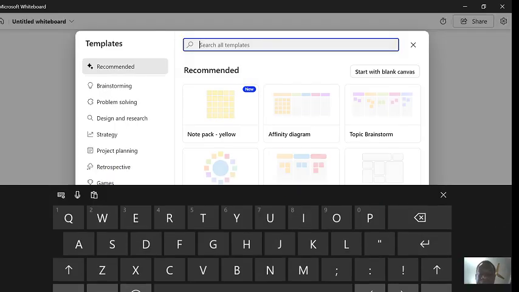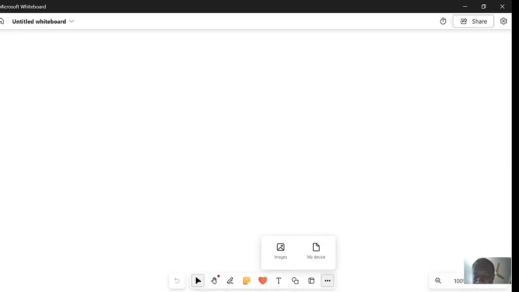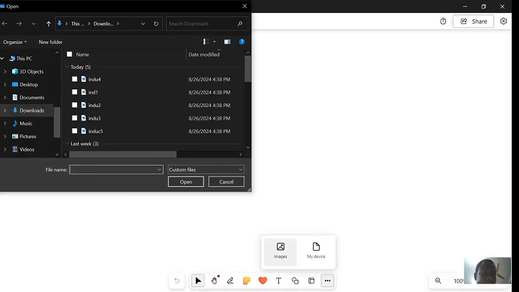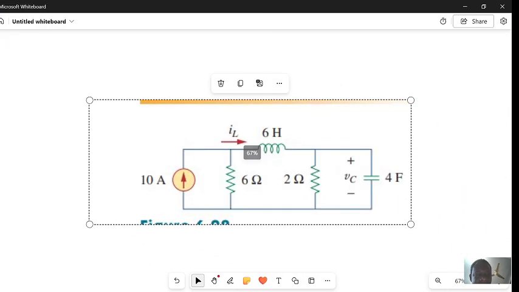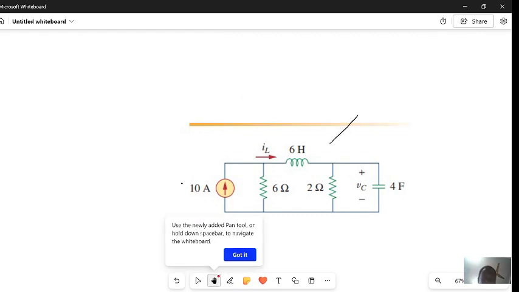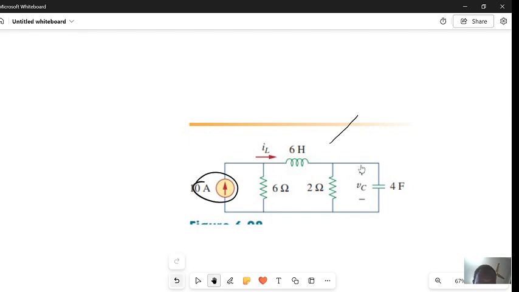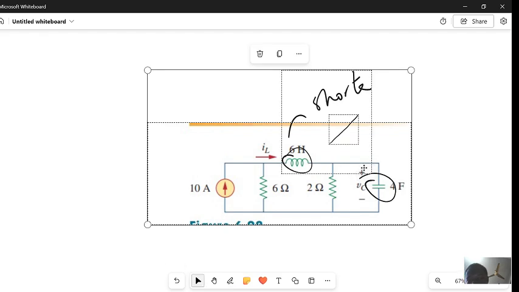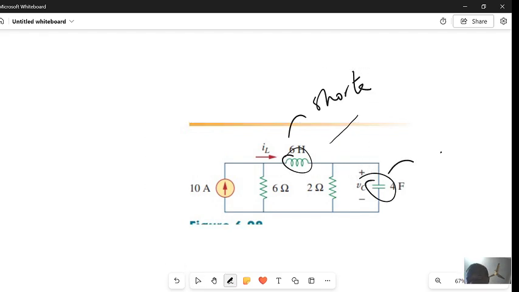In this example also, we are going to determine under DC. We know that under DC the inductor is shorted and the capacitor is open.